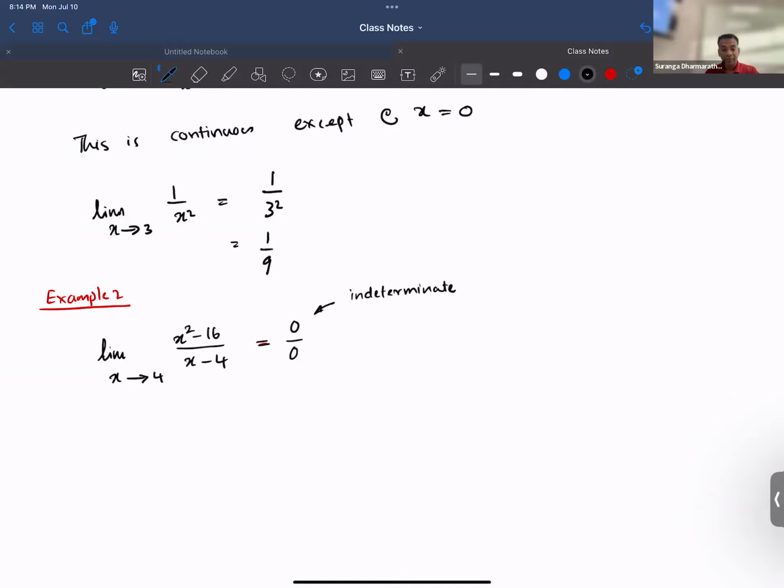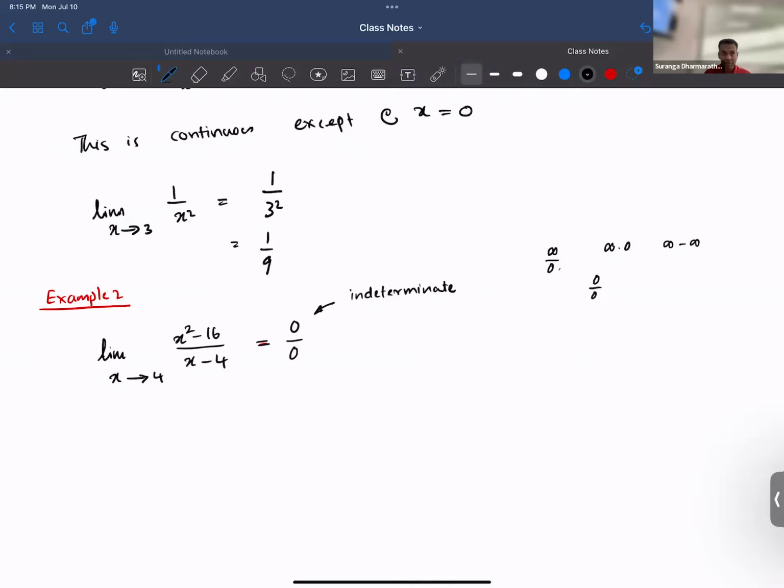These are the indeterminate cases. Whenever we face something like this, we first try to solve the function algebraically, and then find the limit. Sometimes that limit exists, sometimes it does not exist.